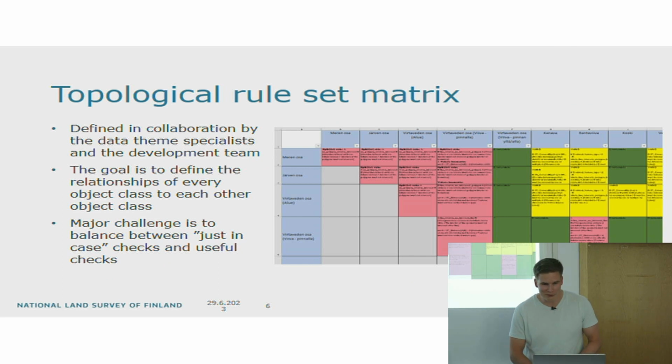So how we have actually set up the rules, so this is a crazy large Excel, but you can basically see it there. It's in Excel format, so basically we have used all the object classes we have, about 100, and just made a matrix from those and defined each and every relationship of each object class to another object class.